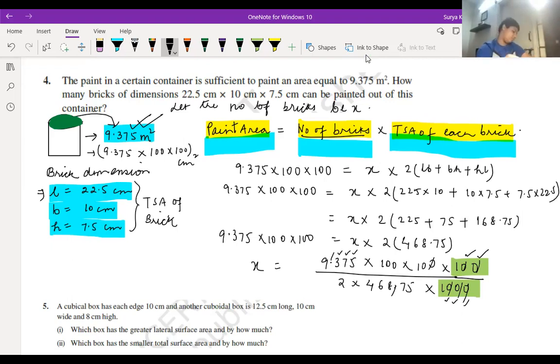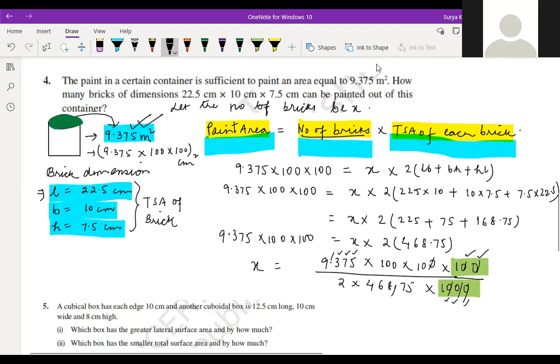Okay, sir. Sir, I've got 100, sir. Huh? 100? I think you did wrong, sir. Huh? What is wrong? Sir, here x into 2 into 468.75 means 9.375 into 100 into 100 equals n into 9.375, right, sir?